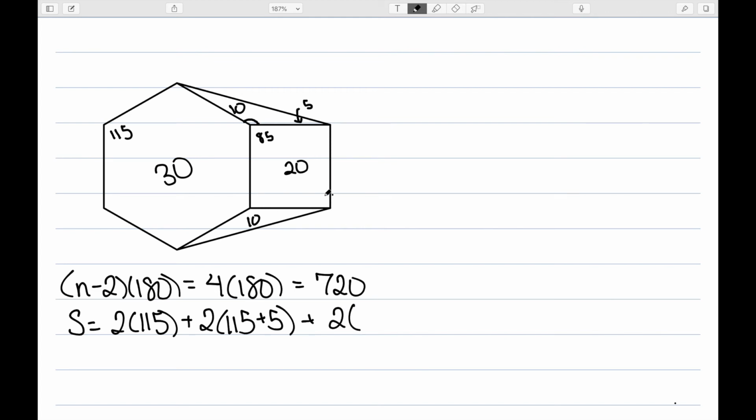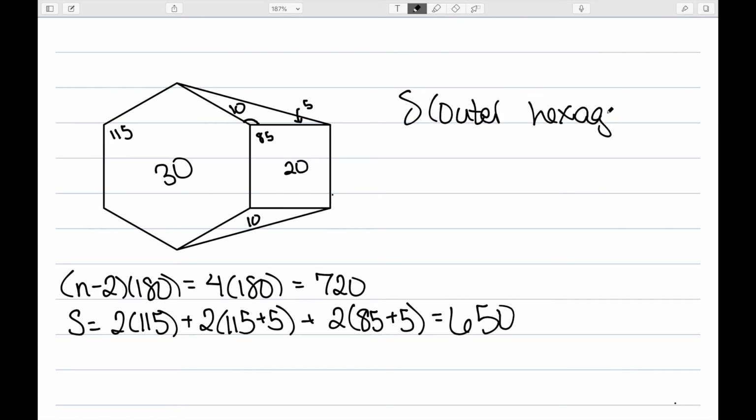And then my right angles would be 85 plus an extra 5. If we add all of these up, we get 650. So the actual defect of my outer hexagon will be 720 minus 650, which is 70. And once again, that comes from adding up all of the pieces. 30 plus 20 is 50, plus 10 is 60, plus 10 is 70.